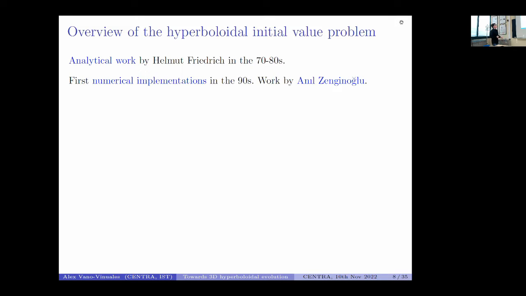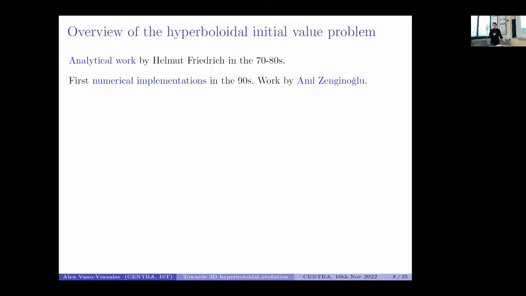Now, Penrose's idea was in the 60s, then in the 70s Helmut Friedrich took it and applied it to the Einstein equations, and he showed that it was possible to obtain regular equations with that approach to solve these types of problems. And the first numerical implementations happened with a seminal work by Anil Zenginoglu in 2010.